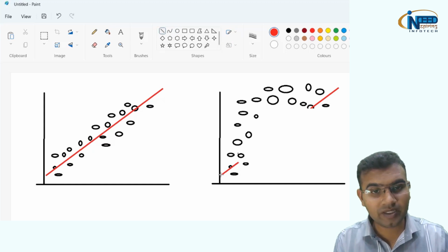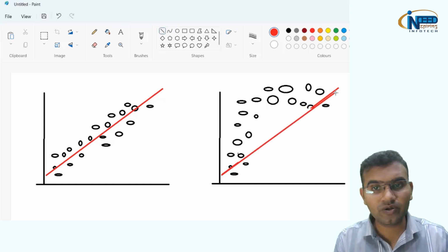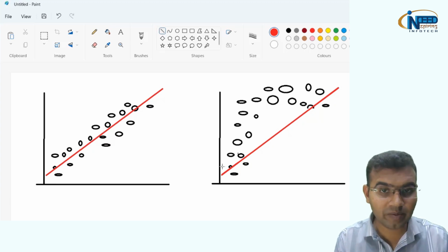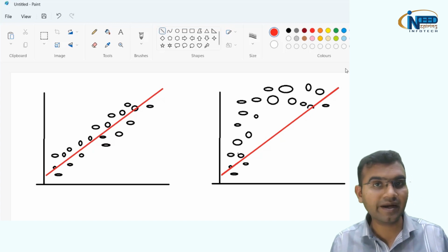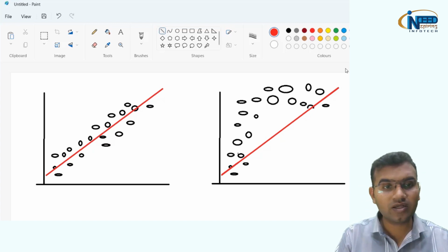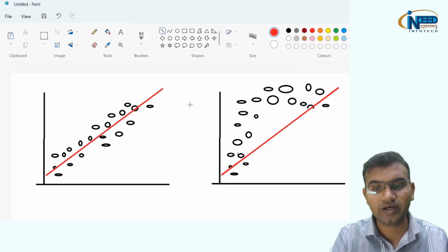Now, what is going to happen in this case? Will we be able to draw a straight line? The answer is no. We won't be able to fit a straight line here. This is the property of linearity: we want the data to have a linear relationship. That is the first thing we actually want.